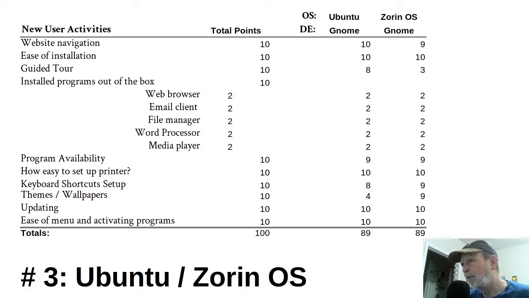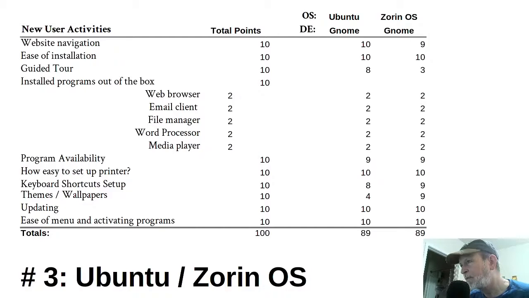Themes and wallpapers is where I really downgraded Ubuntu. I don't remember exactly why, whether it was the themes or the wallpapers. You have to go look at the review I had if you want to find out why I downgraded it that low. I gave Zorin a 9 on that, so it came out a lot better on the themes and wallpapers.